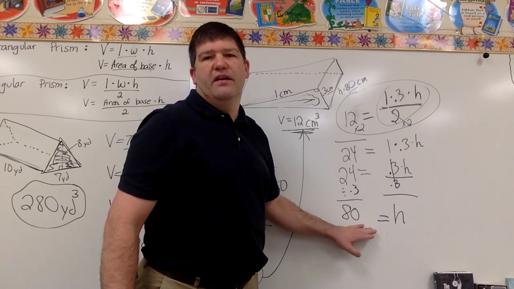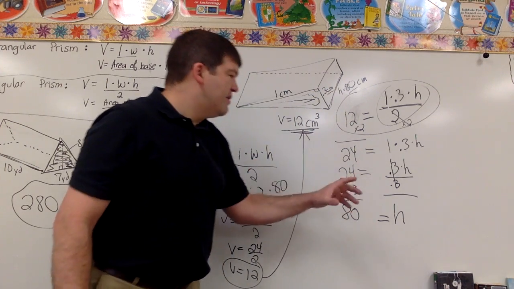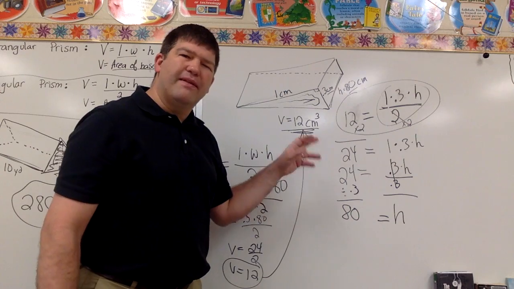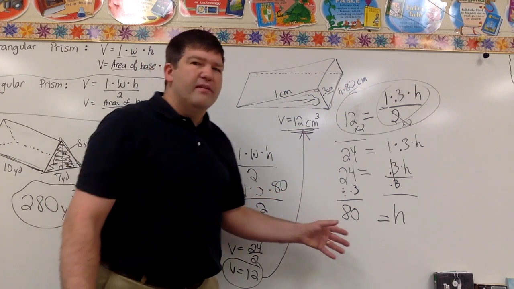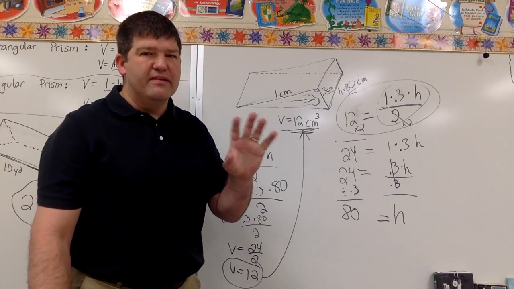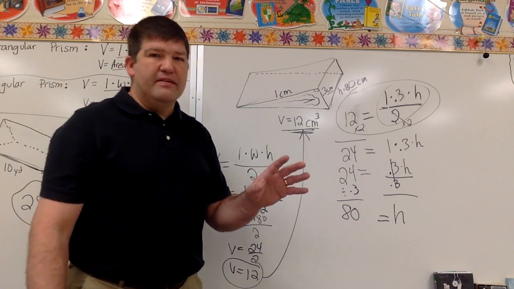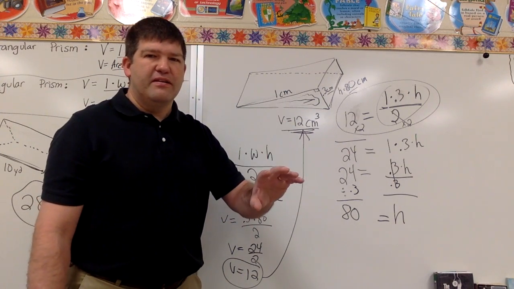And then I looked over here and it was 80. So my height was 80. Then this felt wrong to me because I thought, like, if I'm dividing it by a number, it should be getting smaller, right? But dividing it by a decimal is different. It's the same as multiplying it by a fraction.